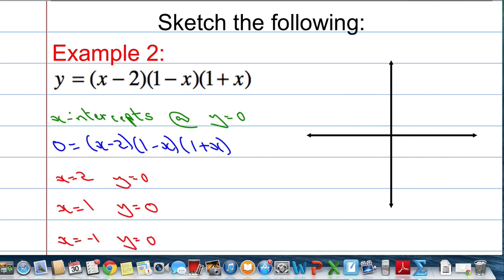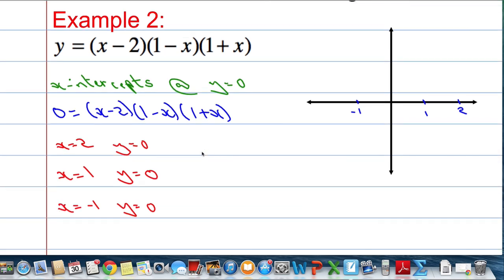So these are our 3 points at which it cuts the axes. Let's mark them in. X equal to 1, x equal to 2, and x equal to negative 1. Okay, that's our x-intercept. Let's get the y-intercept.